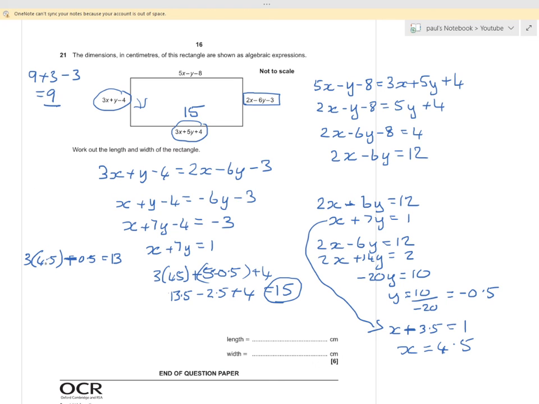Right, so what did I do wrong here? 3x plus y minus 4. That should come out the same thing. So 3 times x. Right, so 3 times 4.5 is 13.5.